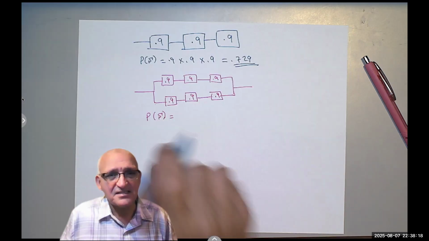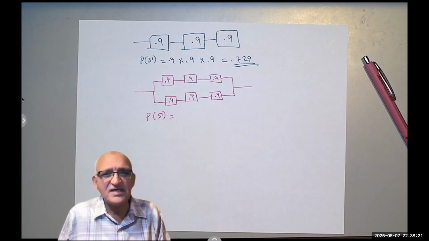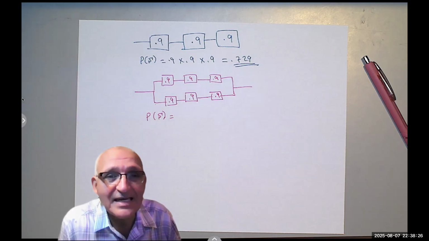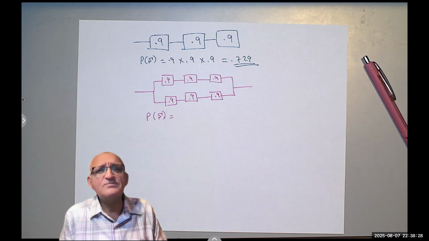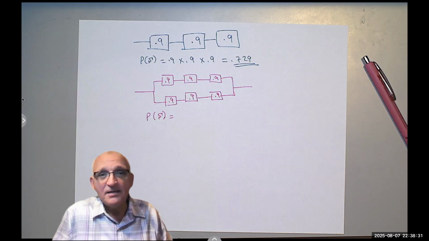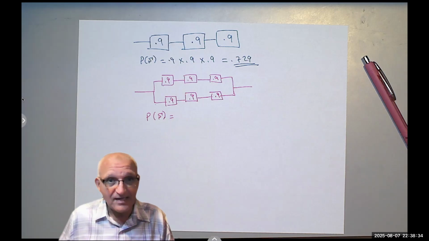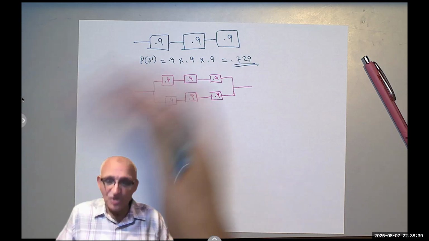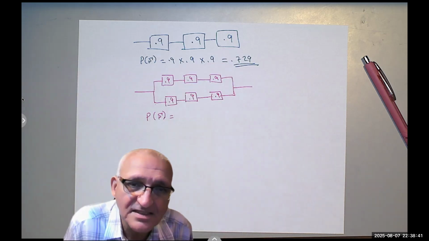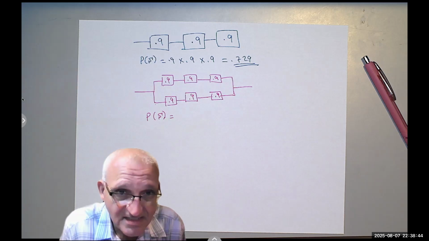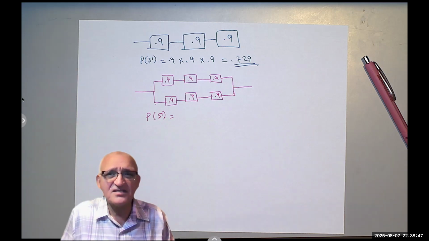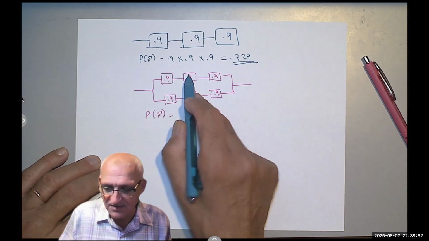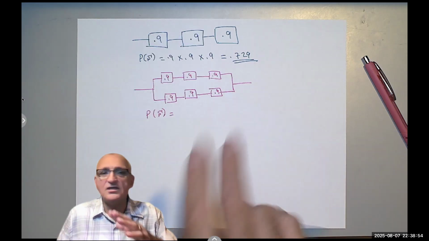Anyway, it's easier when you work a problem like that to say, I want to know the probability that the system would fail and then subtract it from one. In this case, the probability that the system survives is easier, because the system fails if this and this fail, or this and that, or two from here, or it's too many.